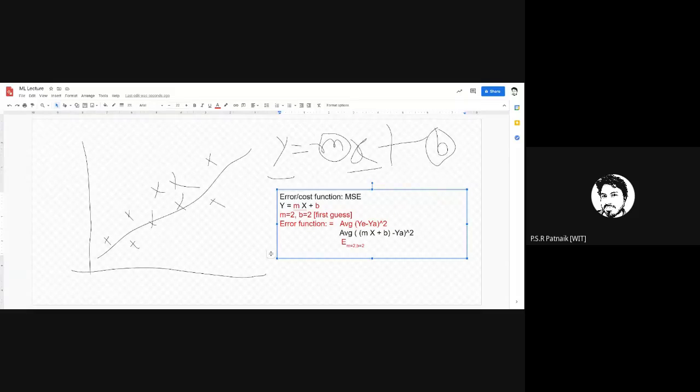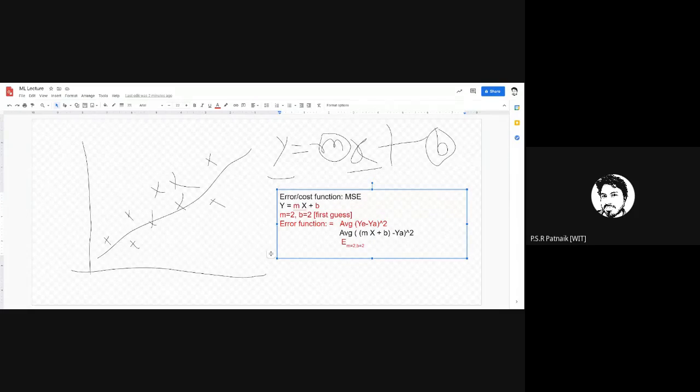How many parameters do I have and what are they? If I change those values, the error function's value might increase or decrease. What are those two parameters? They are m and b.